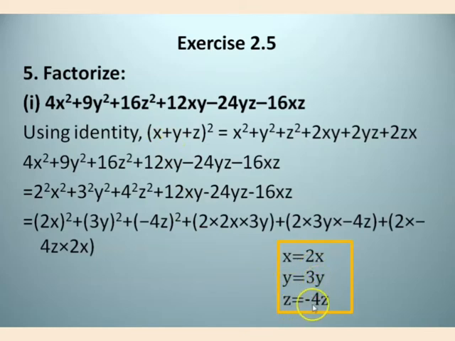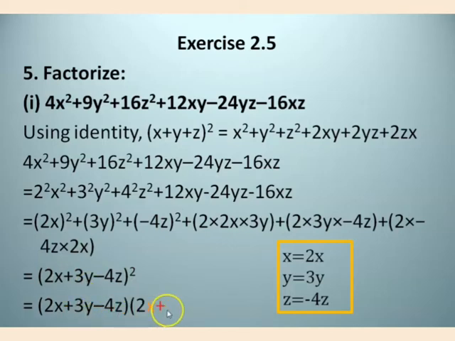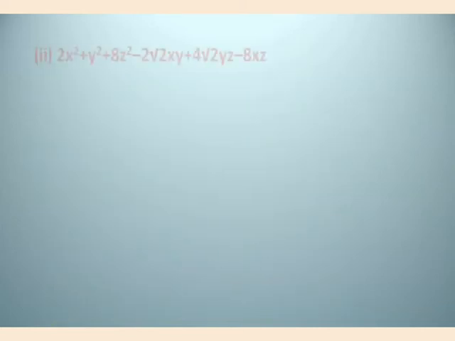In the place of z we are going to substitute minus 4z. So the expression becomes (2x plus 3y minus 4z) the whole squared. And this can be further factorized as (2x plus 3y minus 4z) into (2x plus 3y minus 4z). The square term we are writing 2 times. That's all. We'll move on to the next problem.